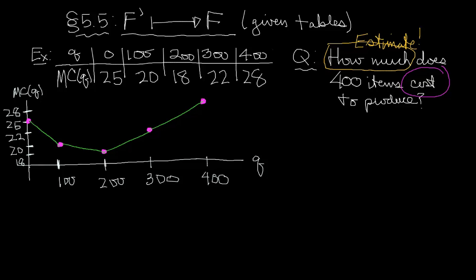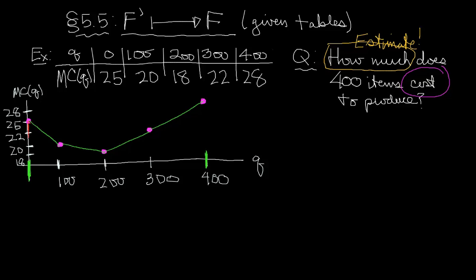In this case, we're going to go from 0 to 400. And we notice that this graph is above the x-axis, or the q-axis in this case. So all we're really going to find is the actual area under this curve. That's what the integral is going to give us. Alright, so we look here.